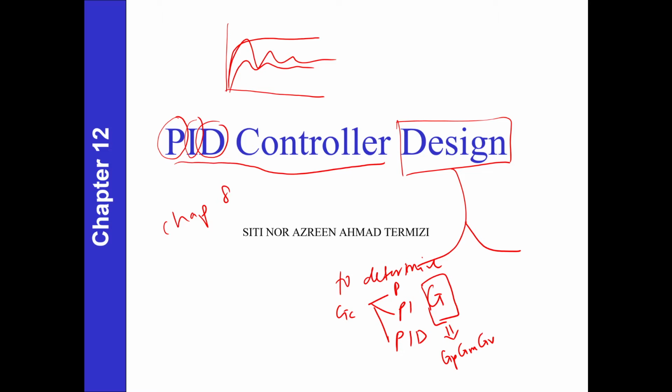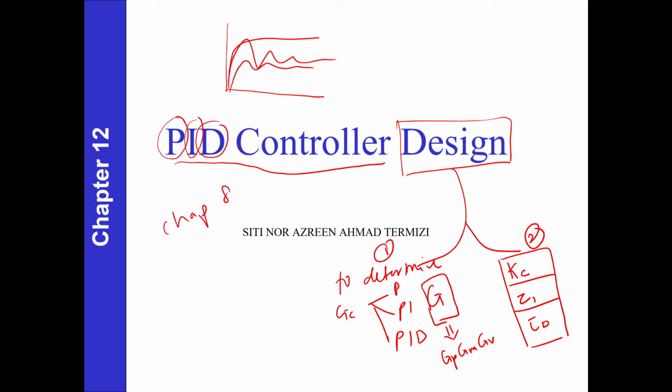And the next one is for you to determine the value of Kc, the value of tau I, the value of tau D. These are two things that are really important for the real definition of designing the controller here.